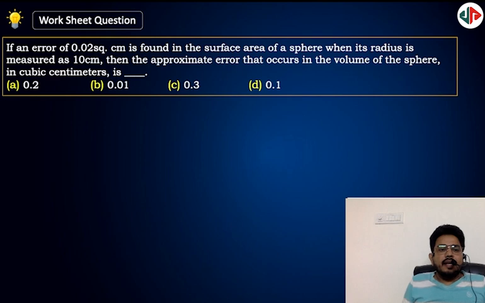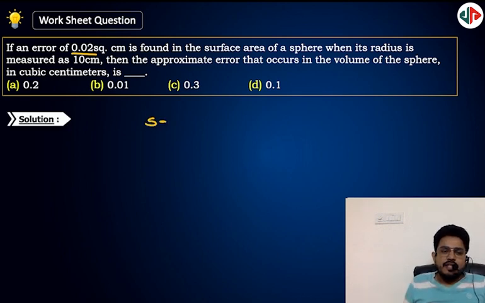Next question is, an error of 0.02 square centimeter found in the surface area of the sphere. What is the surface area of a sphere? Surface of a sphere is 4 pi r square. So change in area is equal to 8 pi r into delta r.